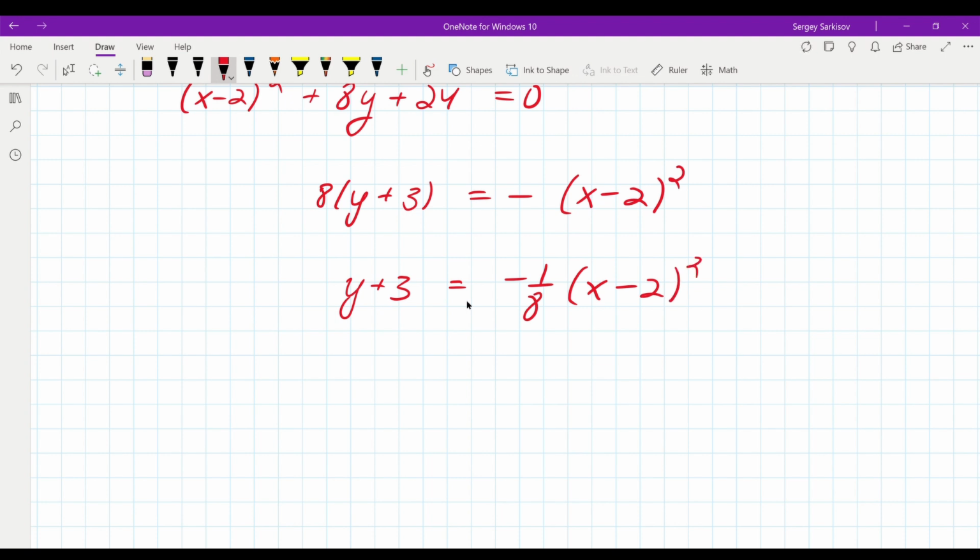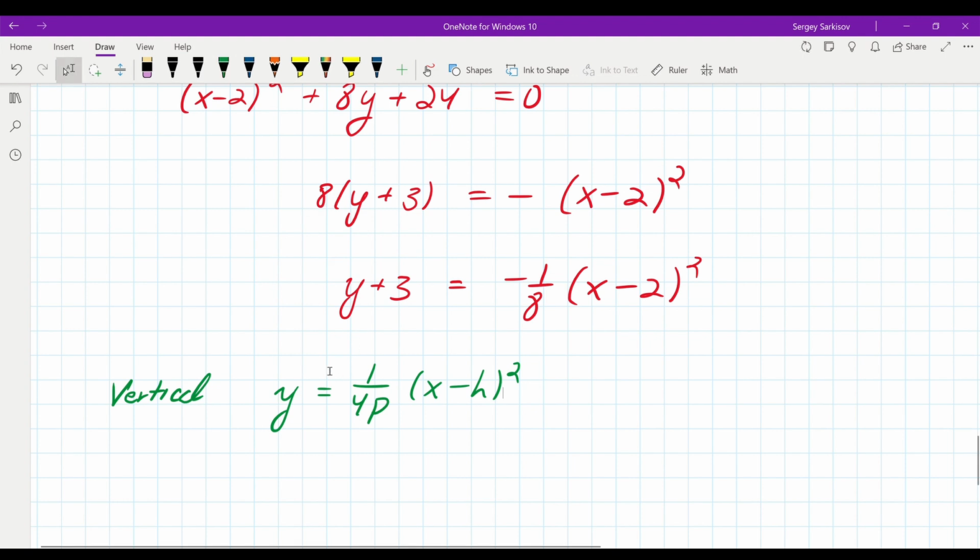squared. Now, the formula that I've taught in some other lectures already is this. This is a vertical parabola, because y equals x squared, so you would have y equals 1 over 4p times x minus h squared plus k.